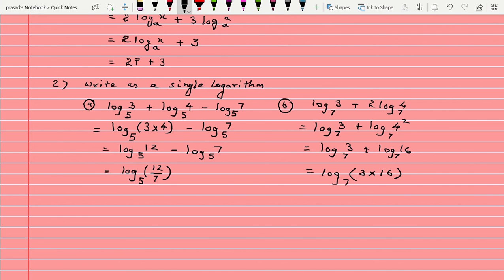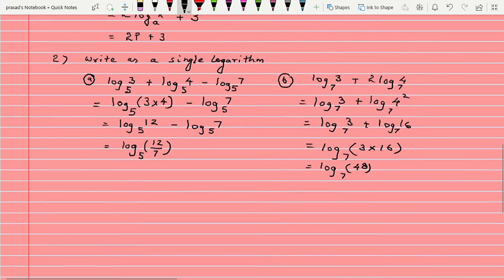Log 3 to base 7 plus log 16 to base 7 will be log of 3 into 16 to base 7, and that will be log 48, 3 into 16, 48 to base 7.